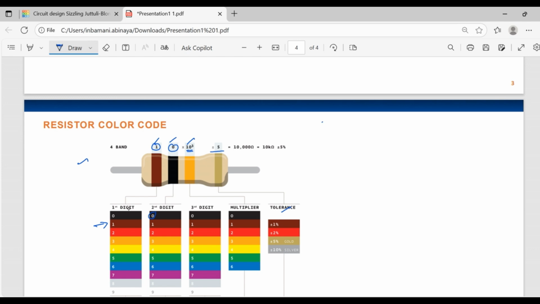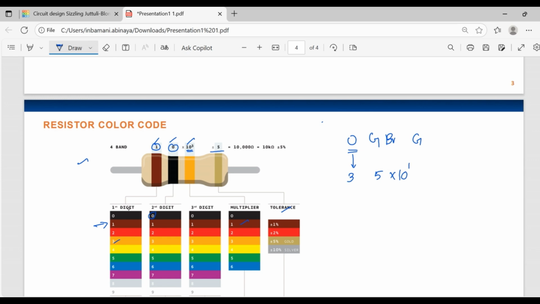Now let's take an example. Orange, green, brown, and gold. Try guessing the value of resistance. The value of orange, you can see that it's 3. The value of green is 5. The value of brown in terms of multiple is 1. So we need to write this as 10 power 1.